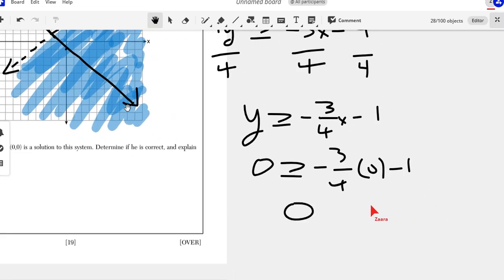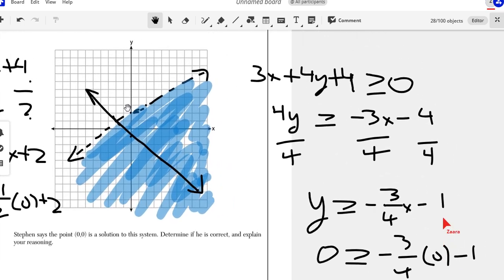0 is greater than or equal to -1. This is true, right? Yep. So again, you have to shade towards the origin. So this way.